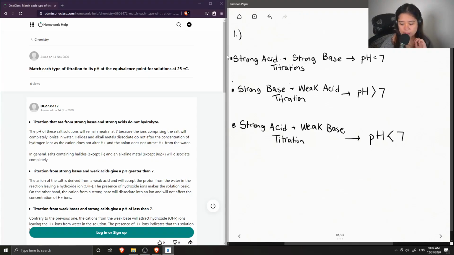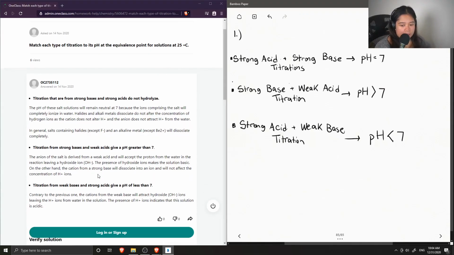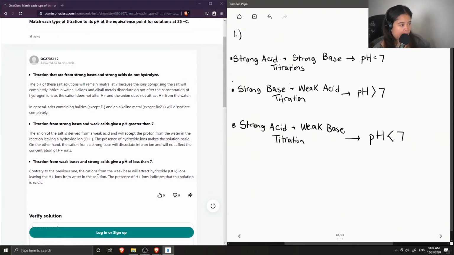Again, because acids have a pH that is less than 7. And since we have a strong acid compared to a weak base, at the equivalence point, the pH will be less than 7. Okay, so let's see what the junior tutor said.